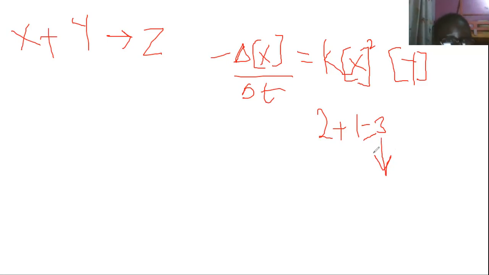I said when the concentration of the reactant in a given reaction are constant, then the order will be 0. Since we were not given any one for y, we take that as a constant already. So for x, we're given 2. For y, we take it as a constant.